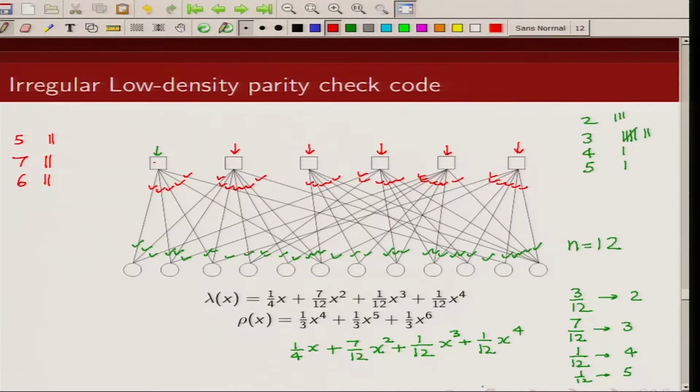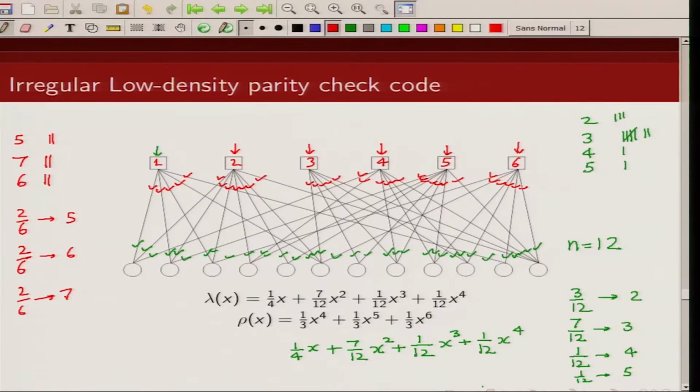These are 6: 1, 2, 3, 4, 5 and 6. So, the fraction of parity check equations where 5 bits are participating is 2 by 6, and the same is the ratio for 6 and 7.